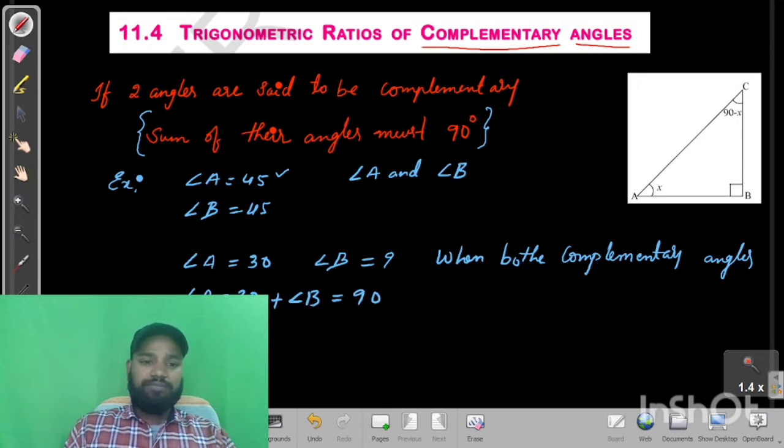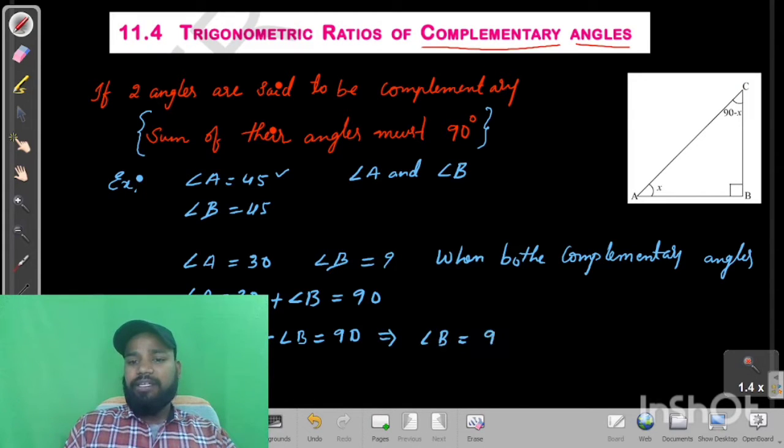Now see here, 30 plus angle B equals 90. What should I do here? Angle B equals 90 minus 30. How am I doing 90 minus 30? I am sending this to the RHS side.